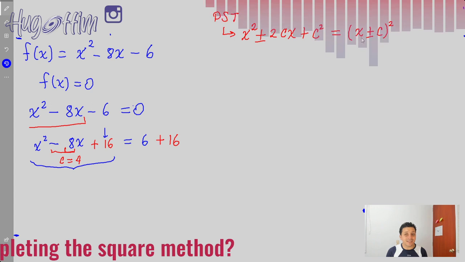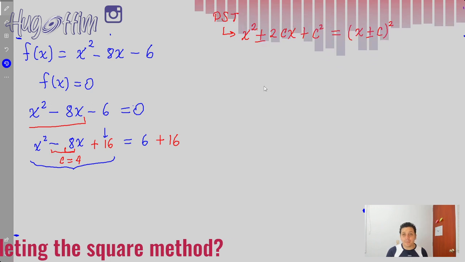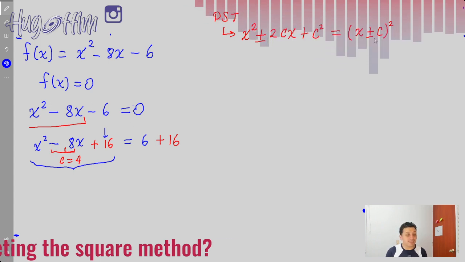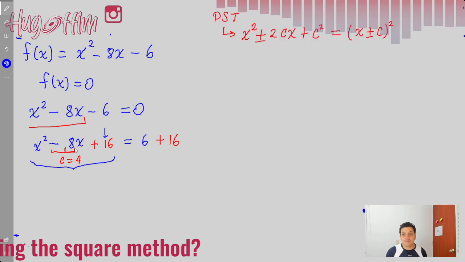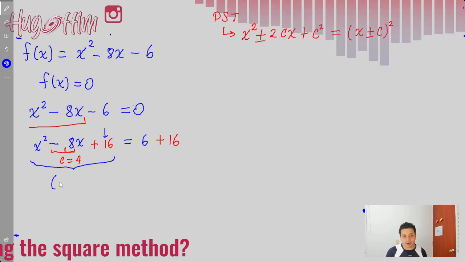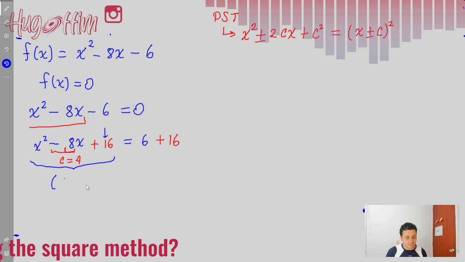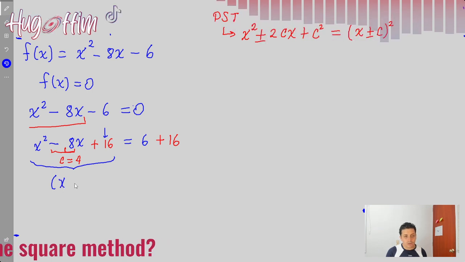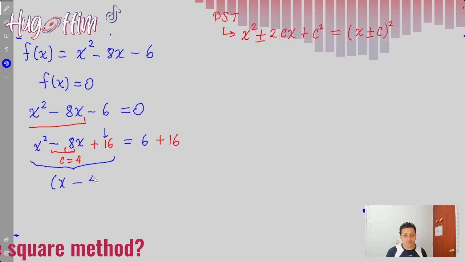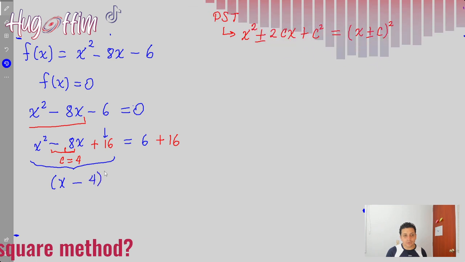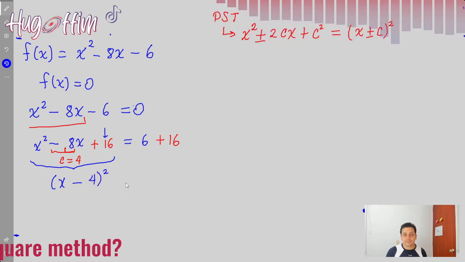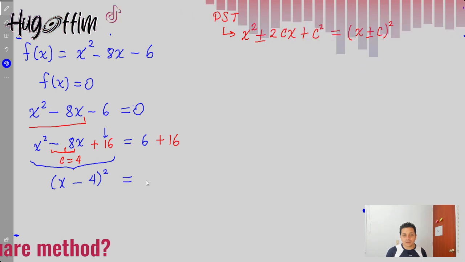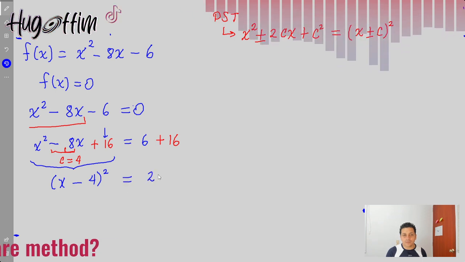So it means that in this case, that is negative, it's going to give you x minus 4 to the second power. So (x minus 4) to the second power. And this is going to be equal to 22.